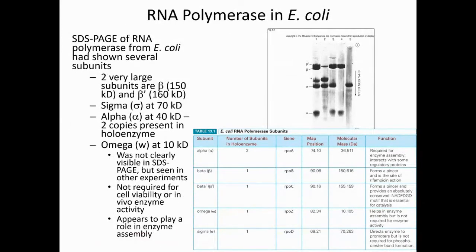In RNA polymerase, normally there are several different subunits: alpha, beta, beta prime, omega, and sigma. These are 5 different subunits.